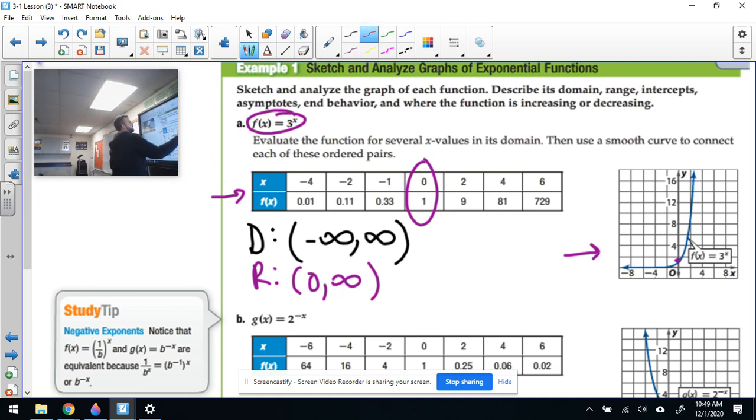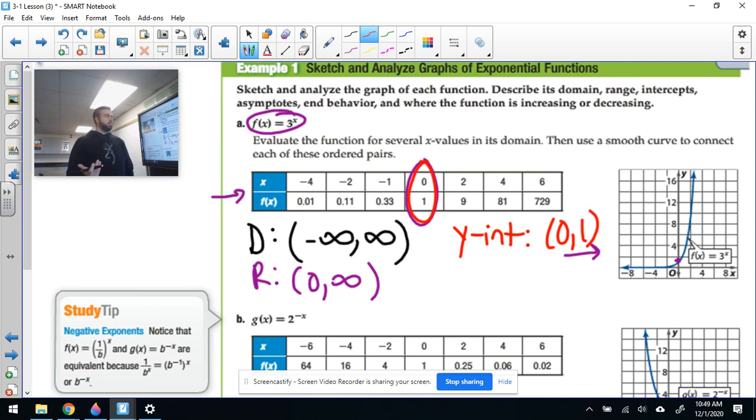Now, let's talk about the x-intercept, or excuse me, the y-intercept. Okay, the y-intercept, we notice, when x is 0, y is 1. So the y-intercept is the point (0, 1), right? And it will be for most of them unless it's shifted, translated, something like that. But most of the time, our y-intercept is going to be (0, 1). There's no x-intercept, it doesn't touch, right?